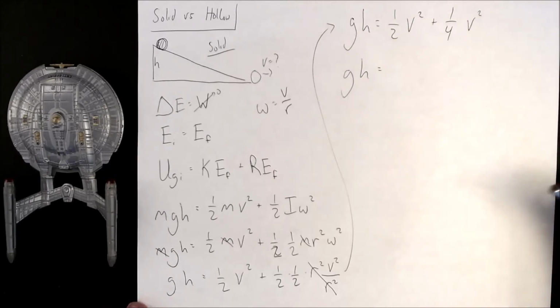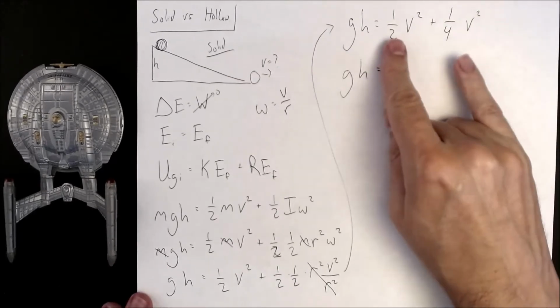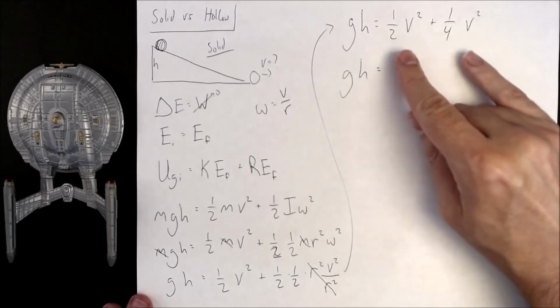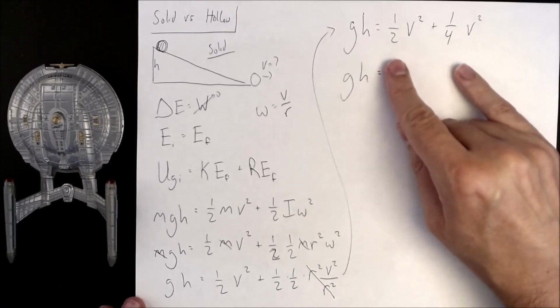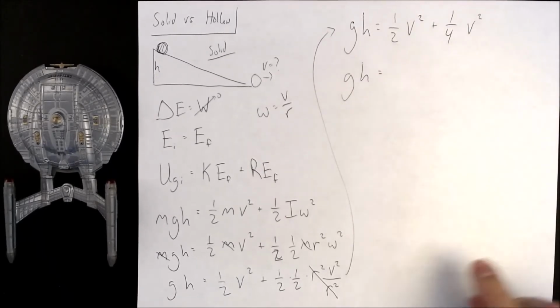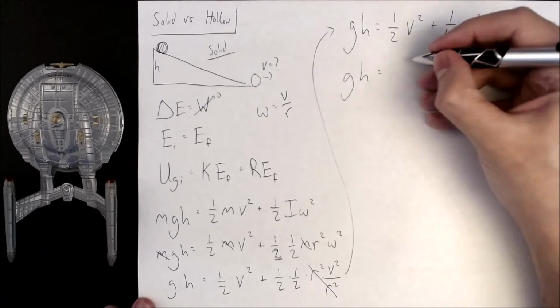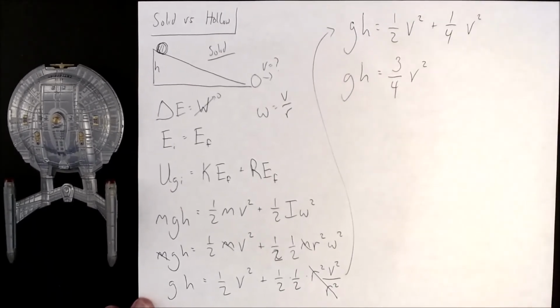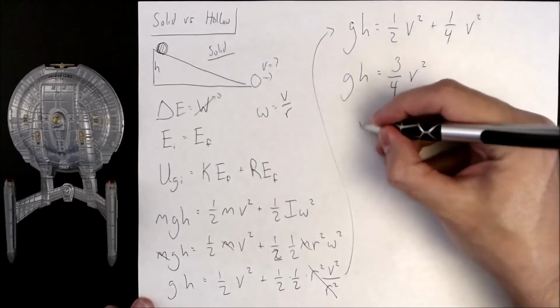Gh is equal to, okay, now please tell me that you can do that right there. If you can do this algebra, I'm okay with that. If you cannot do that, then there's definitely something wrong. So this had better be 3/4 v squared.